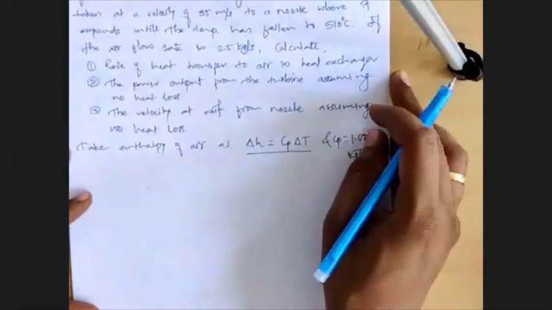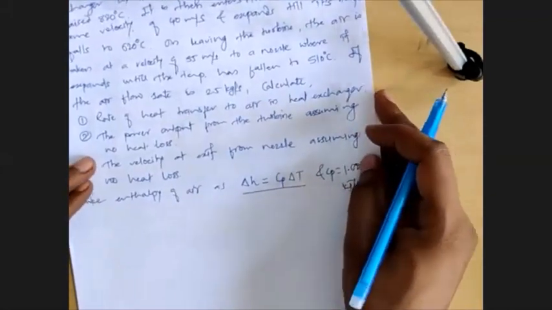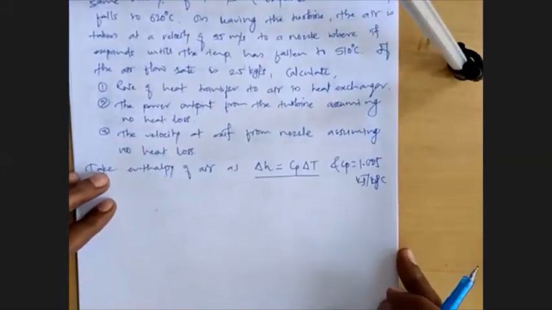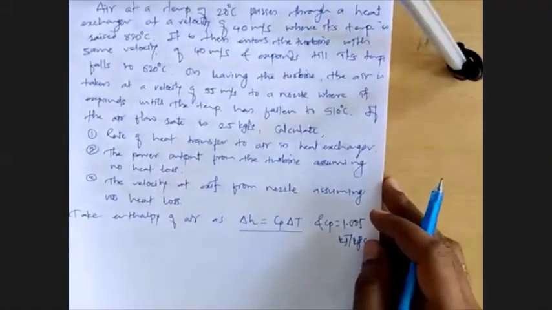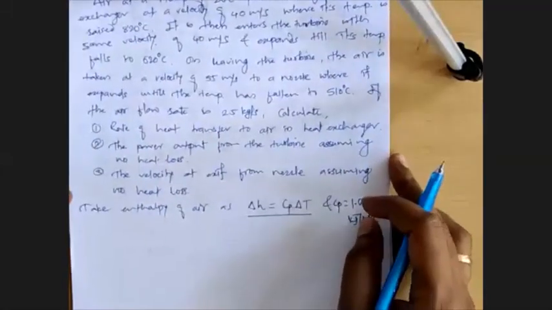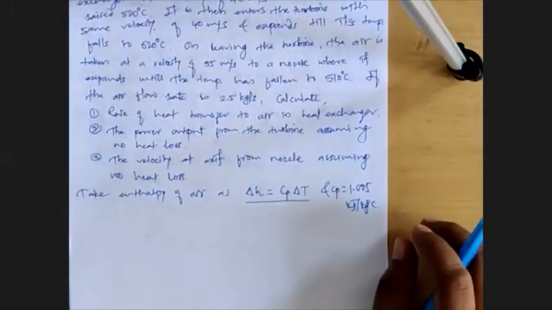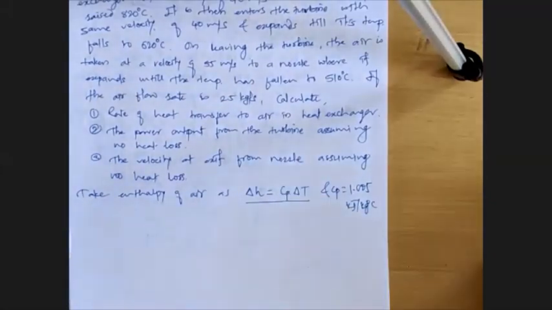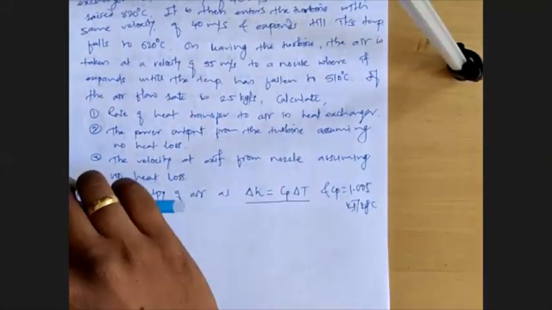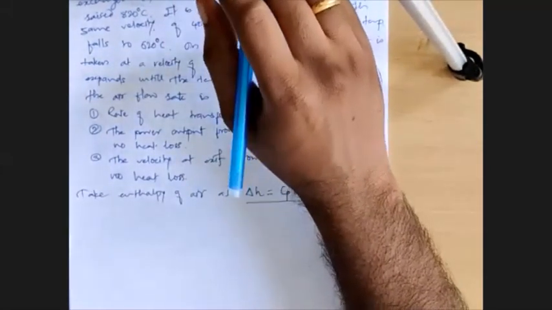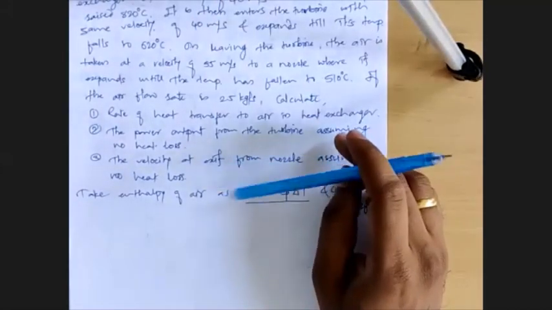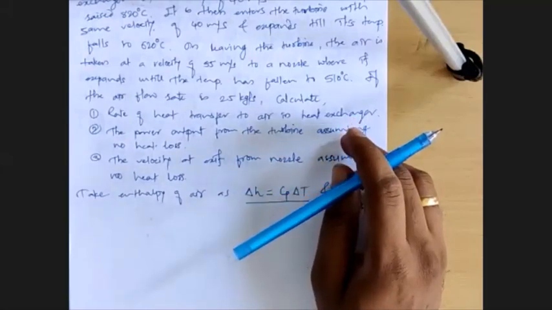So this is the statement of the numerical, a bit lengthier one. Okay, I'll give 2 minutes. Read the statement carefully and tell me which device we need to consider. Heat exchanger, gas turbine, nozzle.